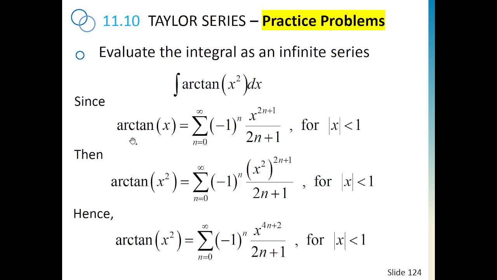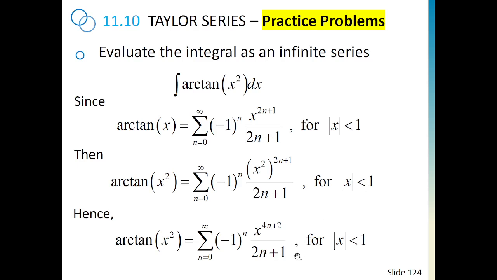So we, let's say, remember the expansion of tan inverse, and it's valid for x in absolute value smaller than 1. So we replace x by x squared, so straightforward replacement, nothing special, right? x squared needs to be smaller than 1, so x is still smaller than 1.